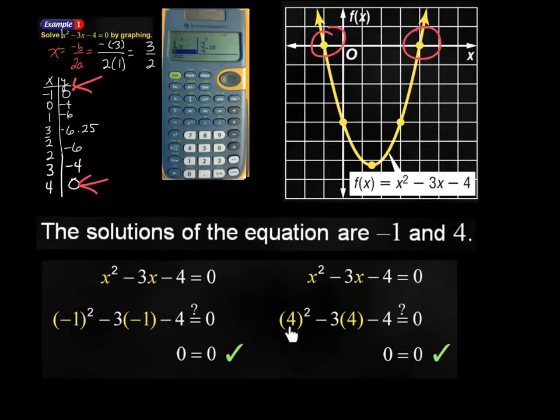That works. 4 squared is 16, minus 12 is 4, minus 4 is 0. That one works as well. So we have shown numerically, graphically, and somewhat algebraically that the solutions of this equation are -1 and 4.